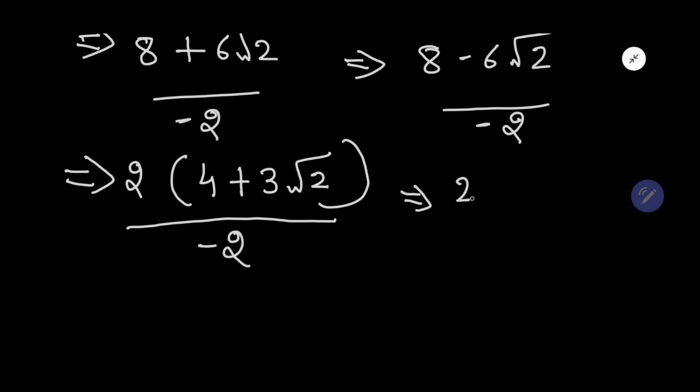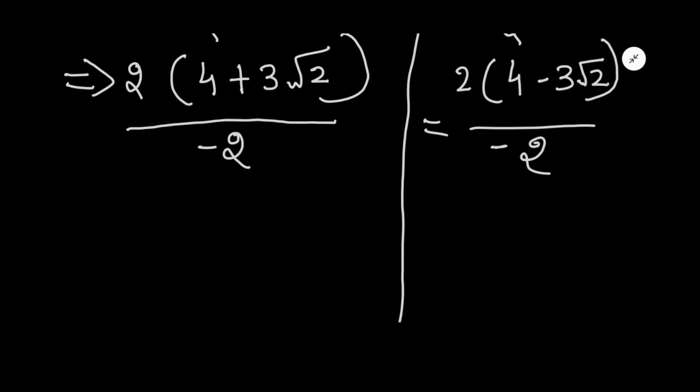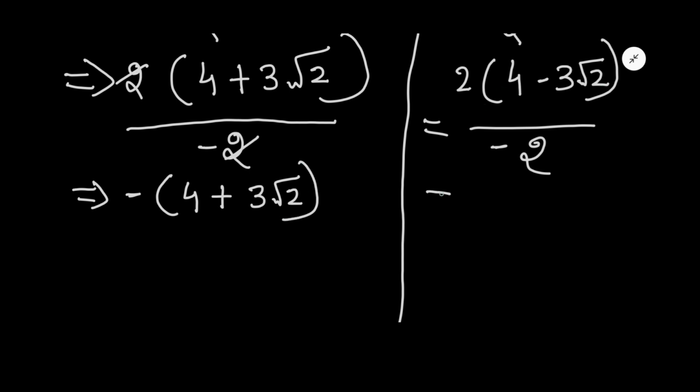Same in the second equation, 4 minus 3 under root 2 upon minus 2. So here 2 cut each other, and minus will go in the numerator. So minus 4 minus 3 under root 2, here also minus 4 plus 3 under root 2.